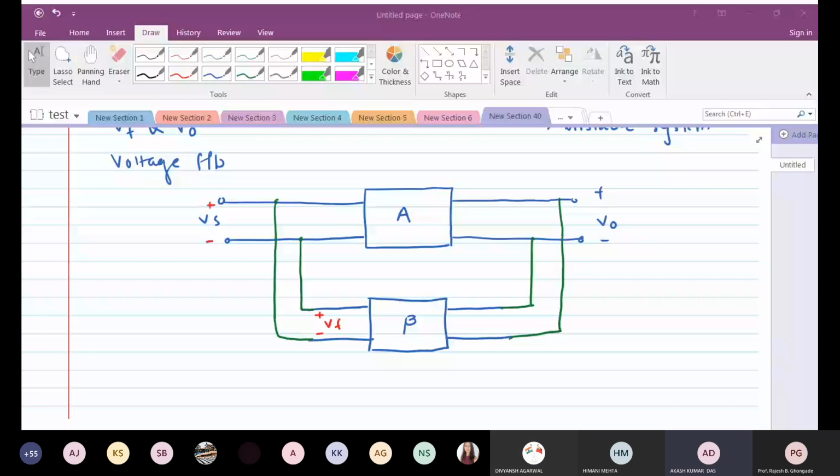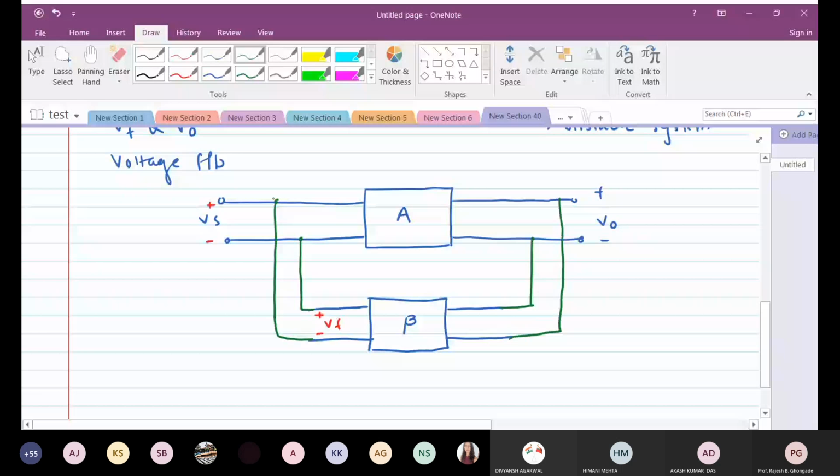In series. How do you call it in series? They are in parallel. I am simply superimposing. Of course, the sign may be different. Don't get confused with the sign, because I am supposed to have a negative feedback. That is the reason why the sign has to be different. But necessarily, I am connecting this in parallel.